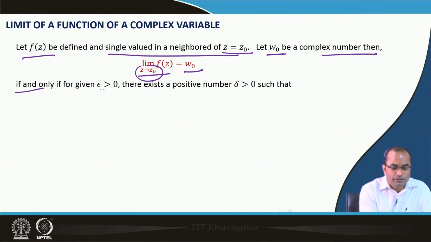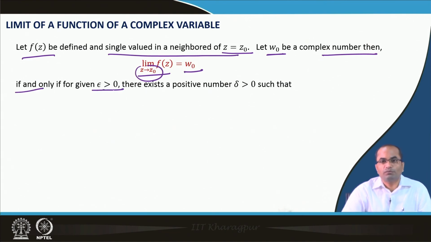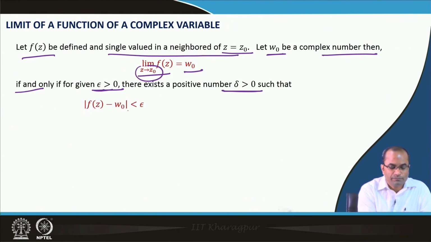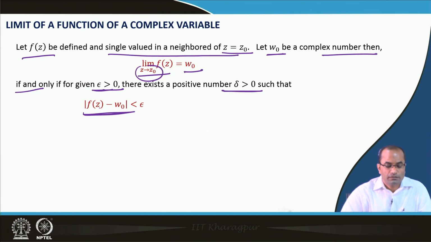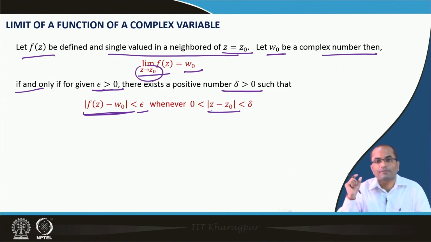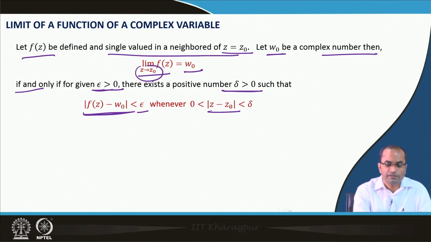If and only if, for a given epsilon. This is the more mathematical definition we give for limits. So, if for a given epsilon there exists a delta such that the difference, the distance between f(z) and w naught, is less than epsilon whenever we take z from the neighborhood of z naught, that is, the distance between z and z naught is less than delta.